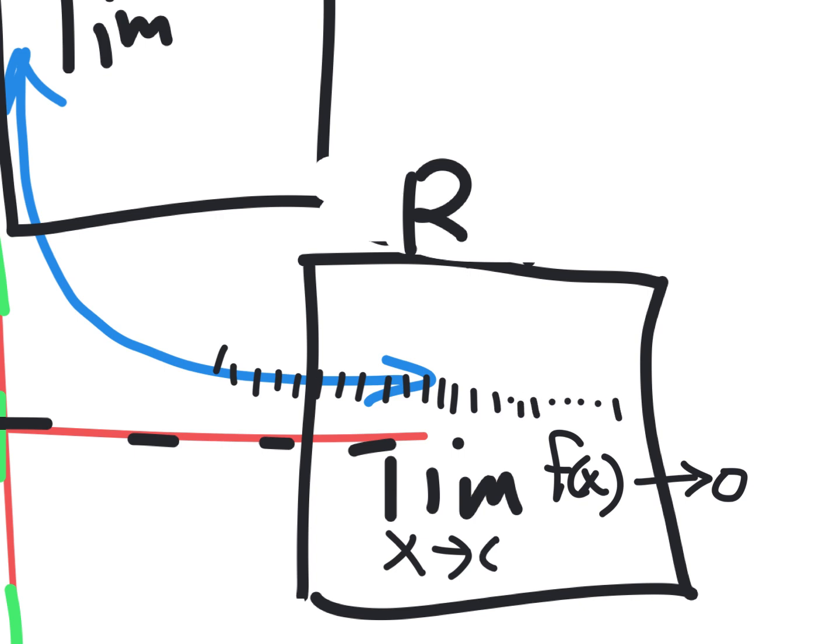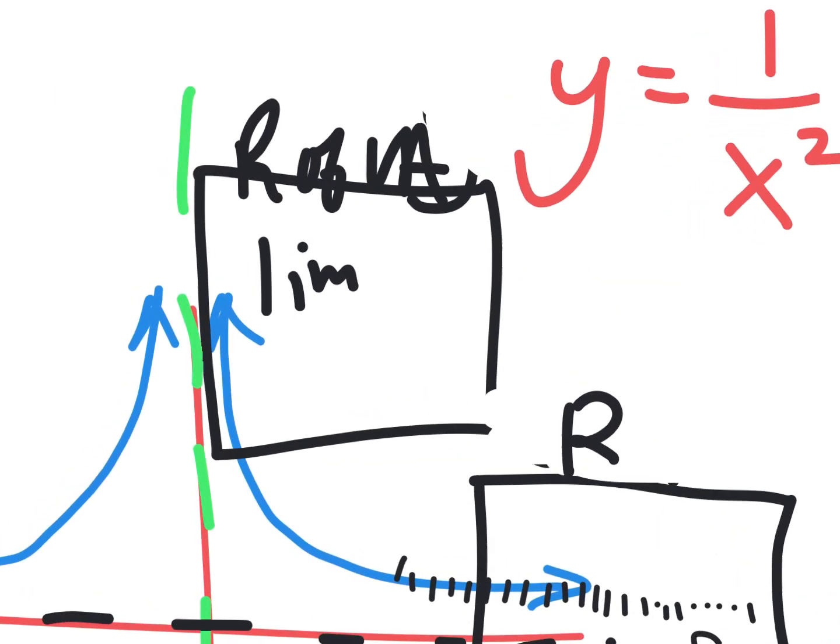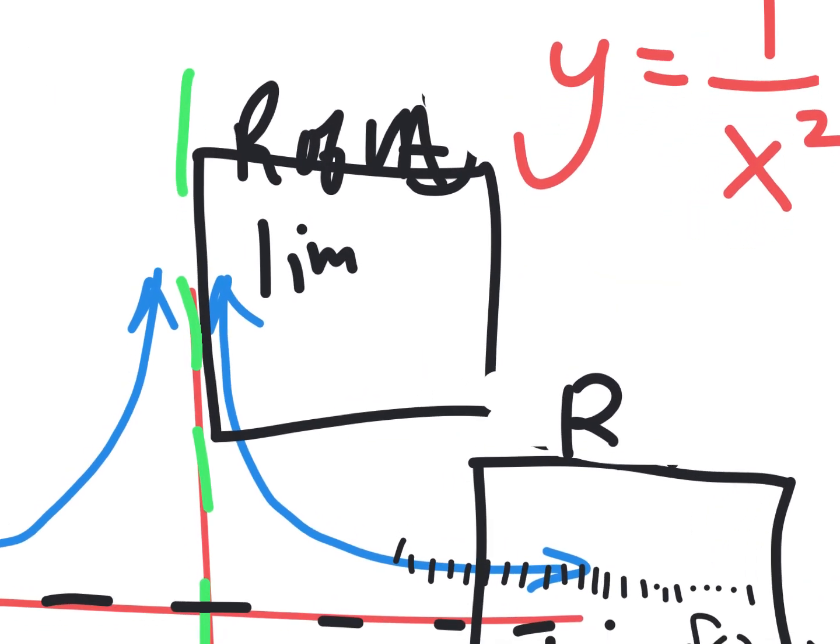You can talk yourself through which way it is going. So x was going towards infinity and y was getting closer and closer to 0. Welcome aboard.